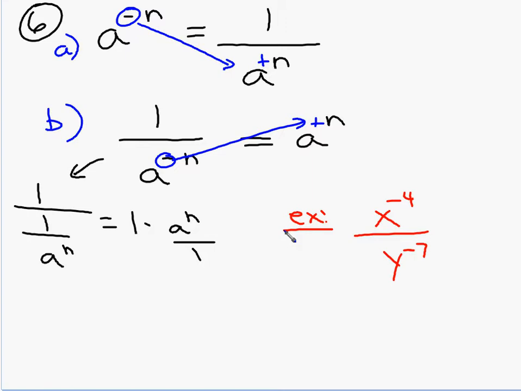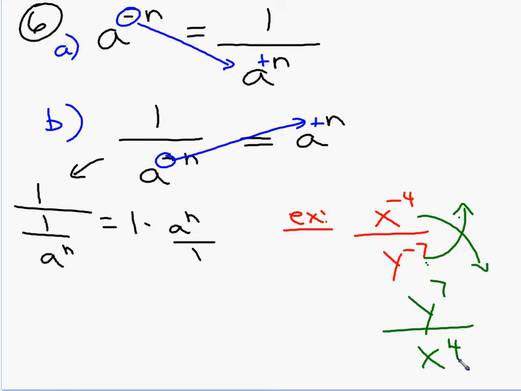Well, based on everything that I just told you, with the negative exponent, we're just going to flip these. Let me get a different color, something pretty. How about a Christmassy type color? This is going to come down here, and this is going to come up here, and they're going to become positive. So it's going to be y to the positive 7th over x to the positive 4th.